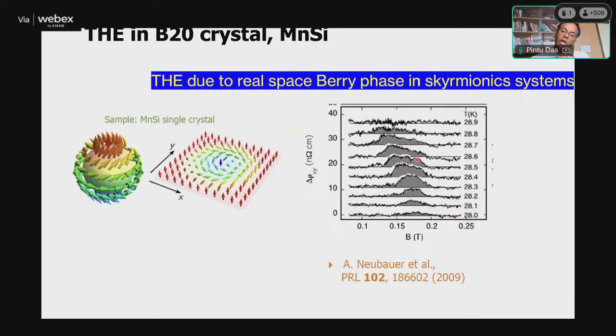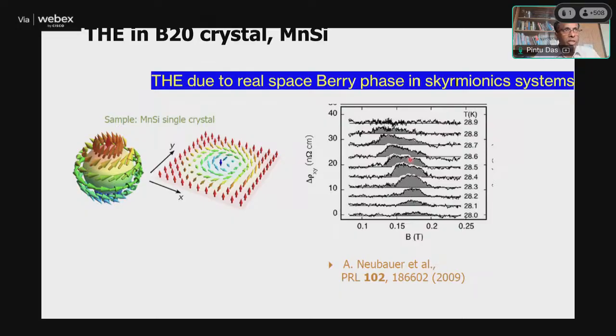As you see, these numbers are very small. This is some few tenths of nano-ohm centimeter, and it's extremely tricky to measure such a signal. When you do the measurement, you cannot measure the topological Hall effect separately.